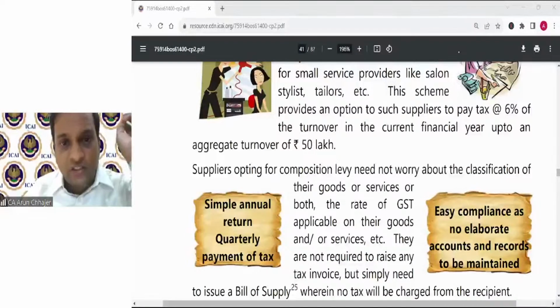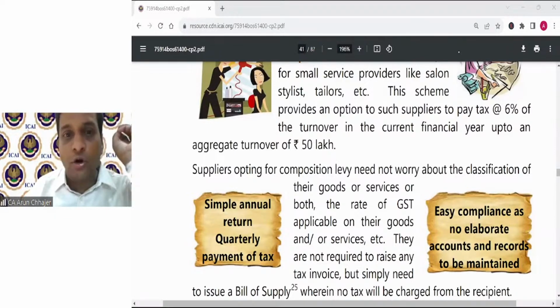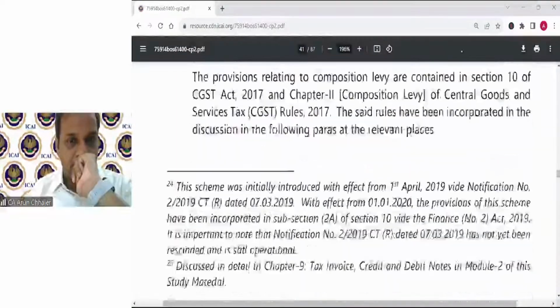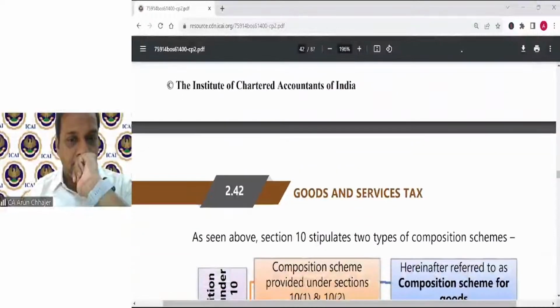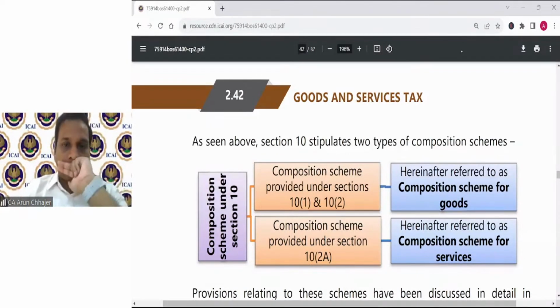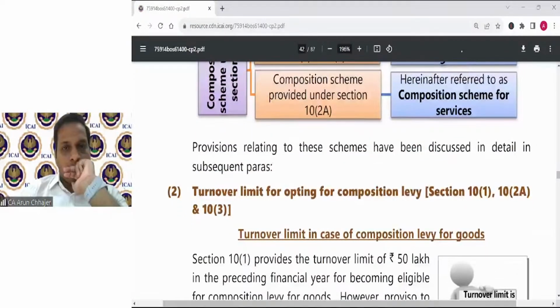You tell me what is the biggest loss if one has opted for the composition scheme? Sure, I will explain.